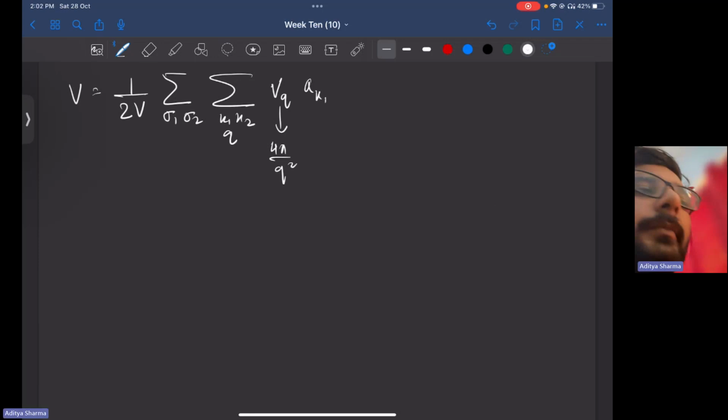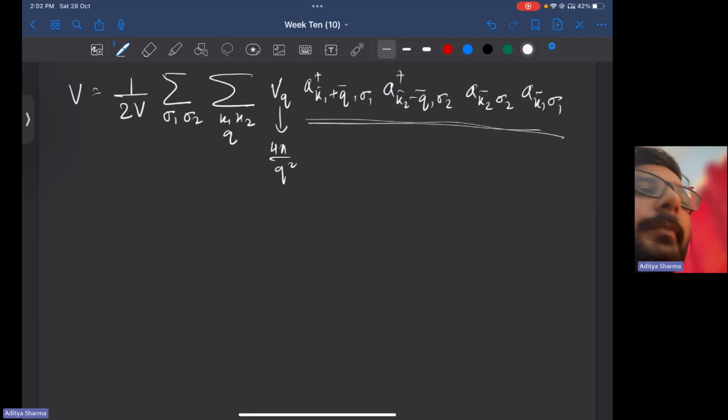A K1 plus Q sigma 1 dagger, A K2 minus Q sigma 2 dagger, A K2 sigma 2, A K1 sigma 1. And we have got this.